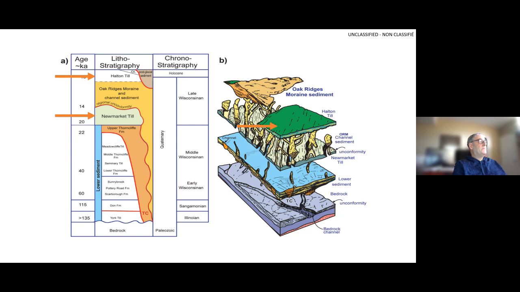Then we have the Upper Thorncliffe Formation, which revealed to be quite channelized. The deep channels have cut through the lower section. It's also a major erosion surface. And next, we find Dunwich Formation and York Till at the base that are also potential aquifers, as we will see in this presentation.